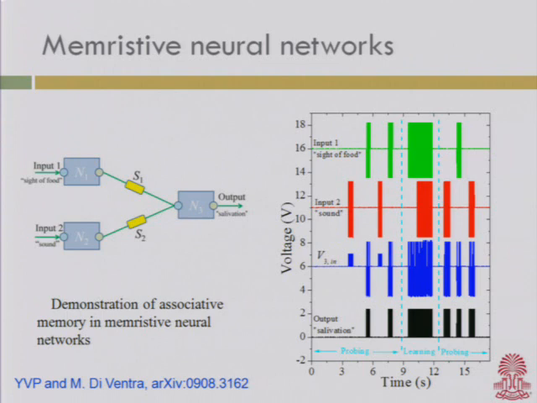It follows from our simulations that when we have a correlation between the first and second input, or between sight of food and sound, then the state of the second memristor changes, and therefore this simple neural network demonstrates learning.